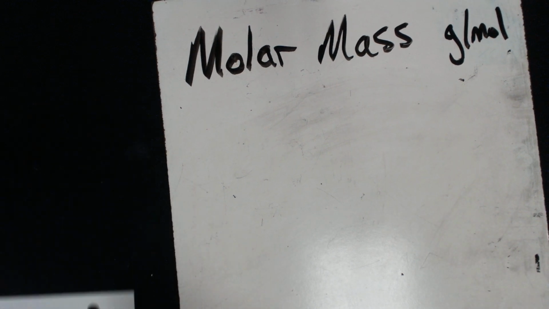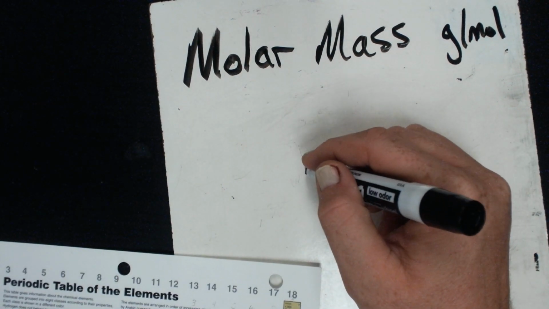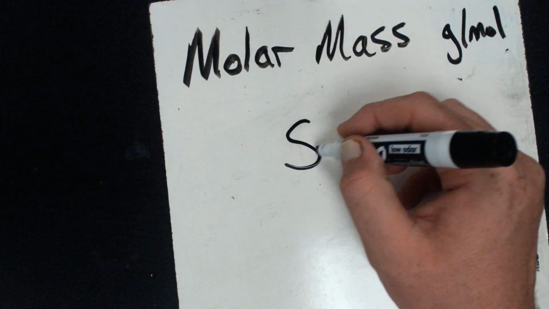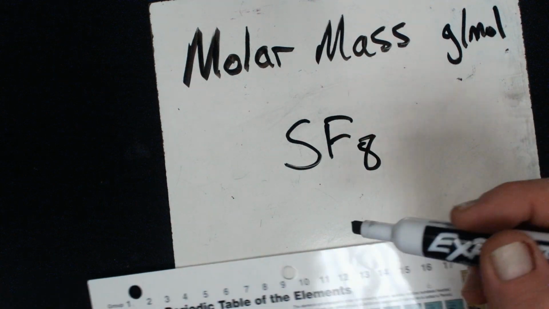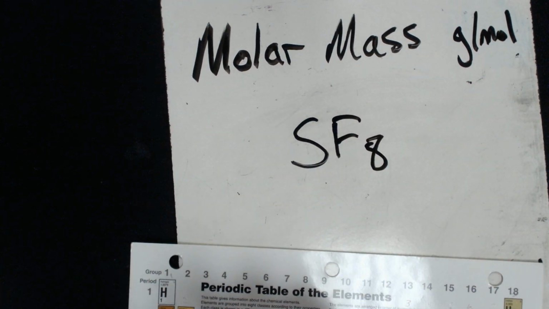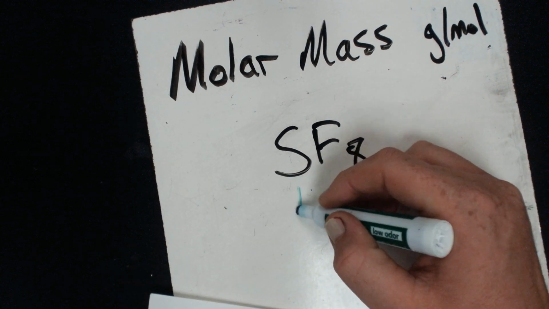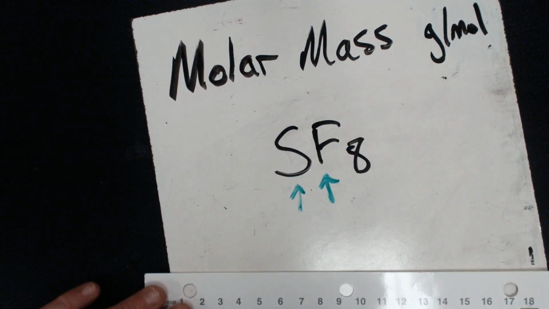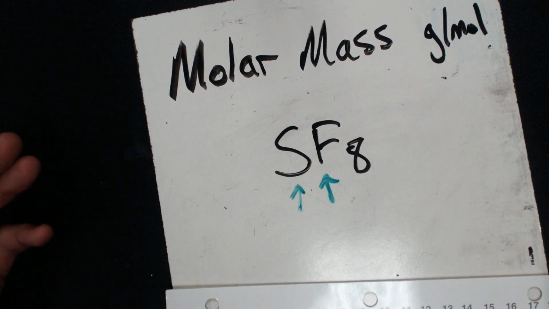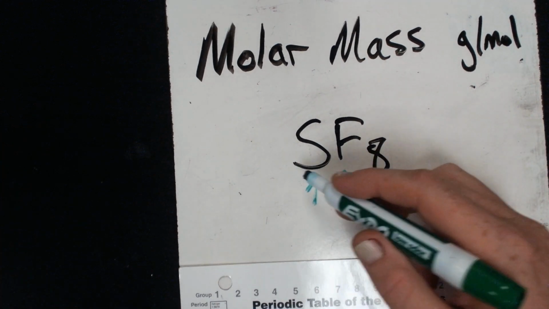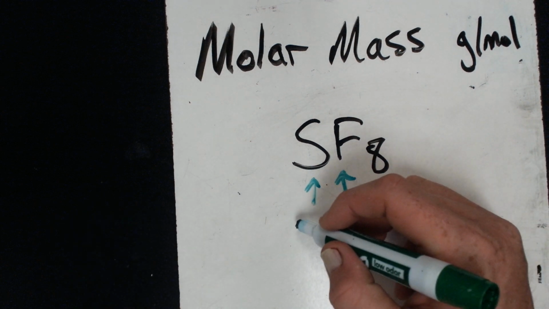So that's it. We're just going to look at our chemical formula, whatever that chemical formula may be. All right, SF8. So I'm going to look at my chemical formula for each individual element. We know this is 2 things because there are 2 capital letters. So a capital letter signifies that it's a new element on the periodic table. S is 32.